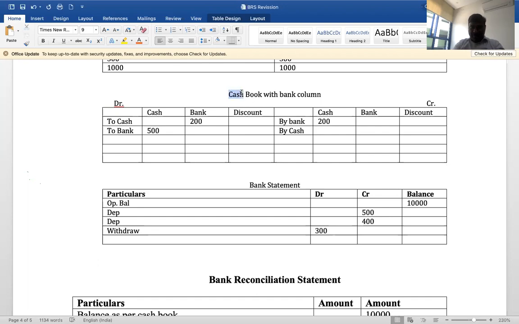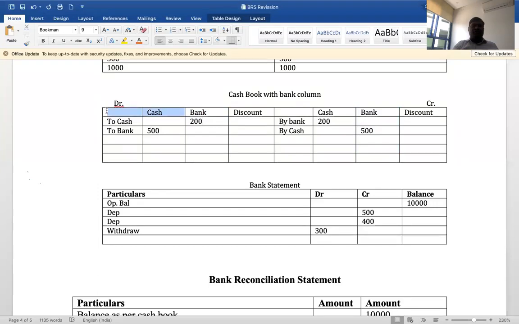In cash account, we are crediting with 500. Where are we writing this 500? In the bank column. Every time there is a withdrawal, it is credited in the cash book. Every time you're depositing money, you're debiting in the cash book bank column.